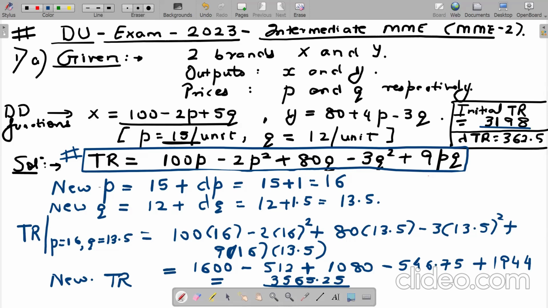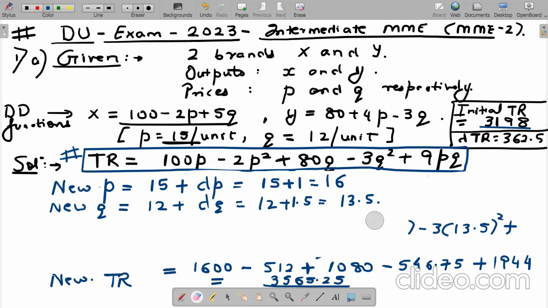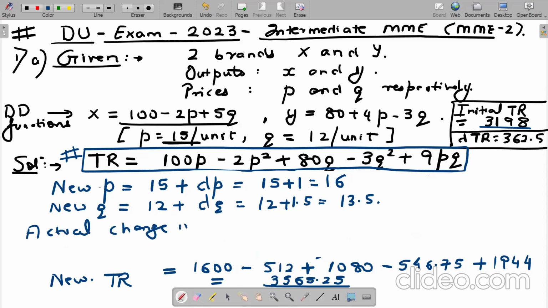I can write that the actual change in total revenue is equal to the new total revenue minus the old total revenue.